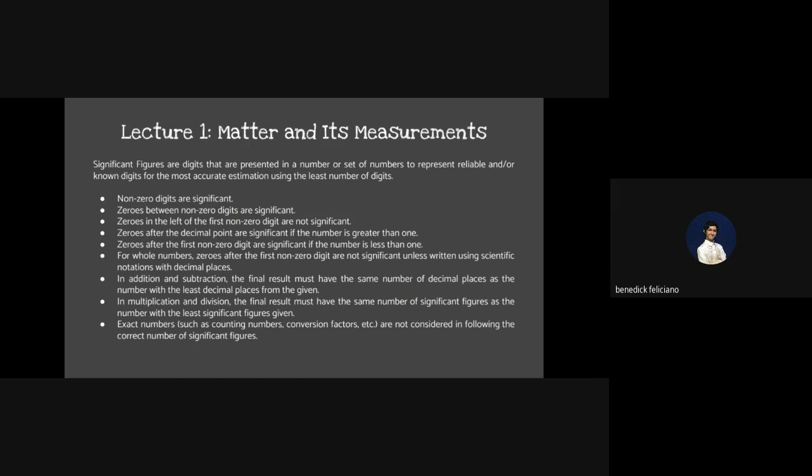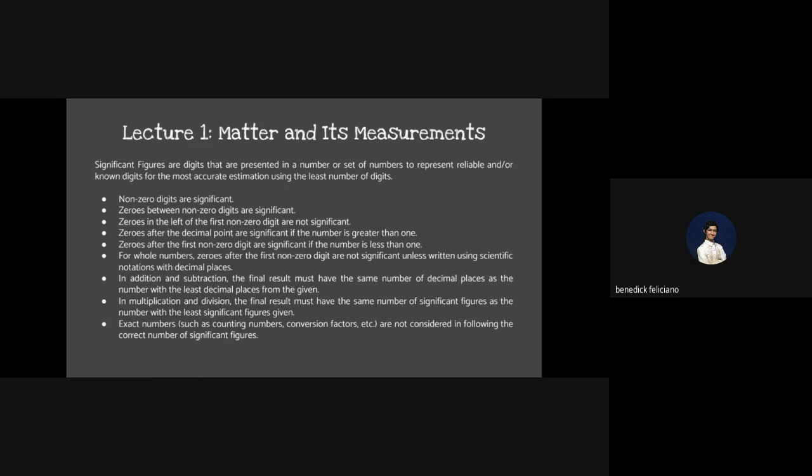As you can see, based on definition, significant figures are digits that represent reliable or known digits in a number or a set of numbers in measurements and computations. It is very useful in a lot of fields of sciences like physics, chemistry, of course engineering, and a lot more.